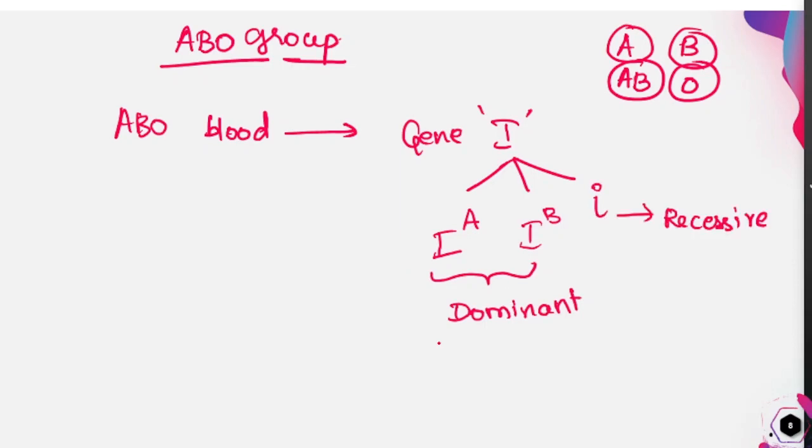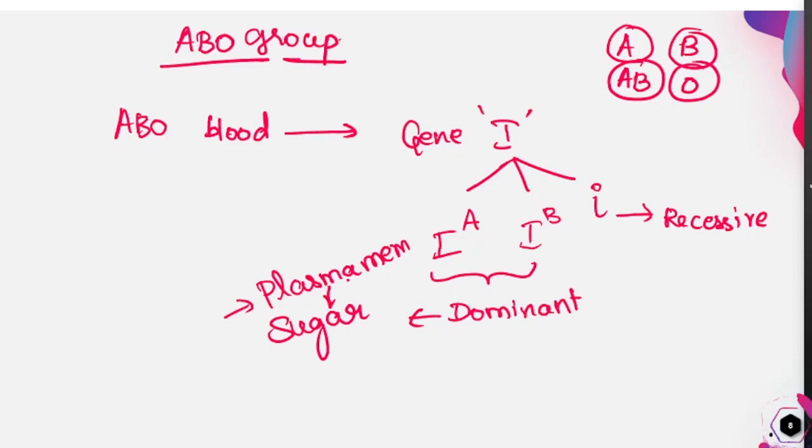Why are IA and IB dominant alleles? It is because these two alleles contain sugar molecules present on the surface of the plasma membrane. So on the surface of the plasma membrane, sugar molecules are present, and that is why these two are called dominant alleles.